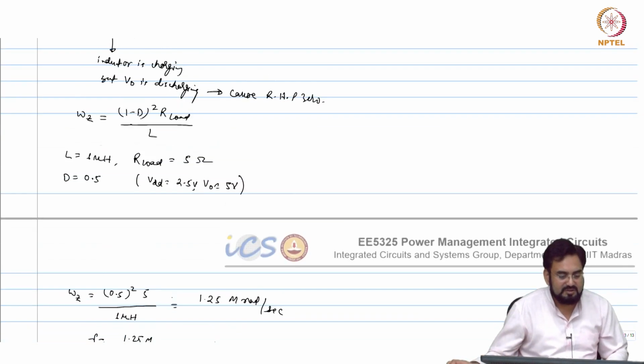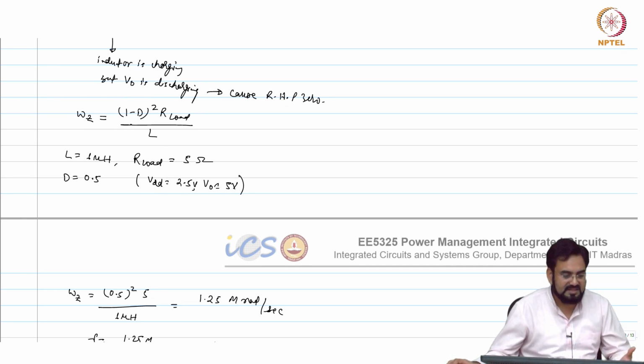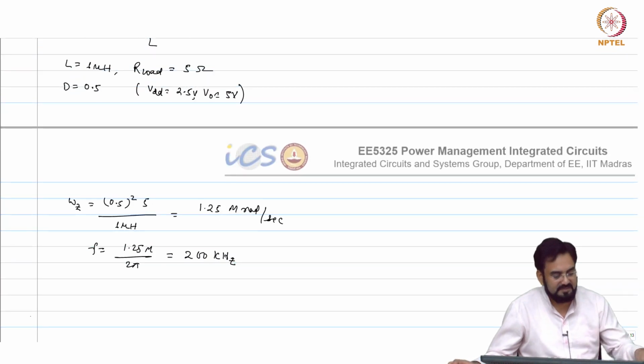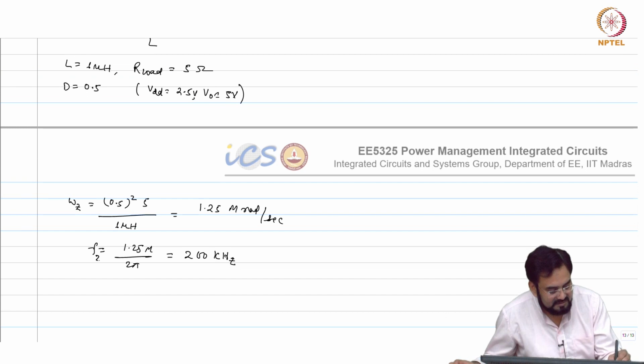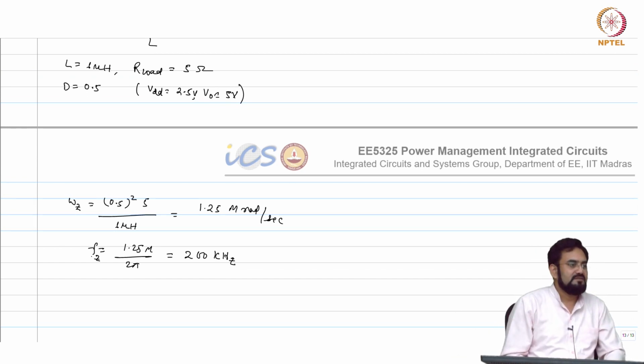Now, assume your L is increased or duty cycle is changed, so that this omega z, this Fz becomes 100 kilohertz. It will right away make your phase margin how much?